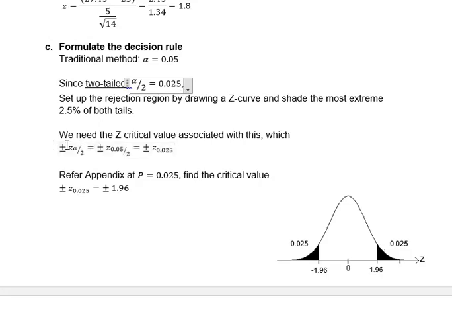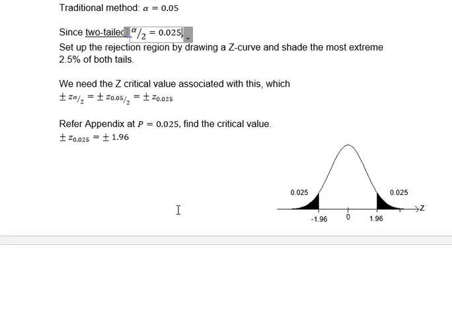So you need to find the Z critical value. You already have the Z test statistic. Now you have to find the Z critical value. So you go to the appendix and find where the probability is equal to 0.025, and you will find the critical value is actually plus or minus 1.96.